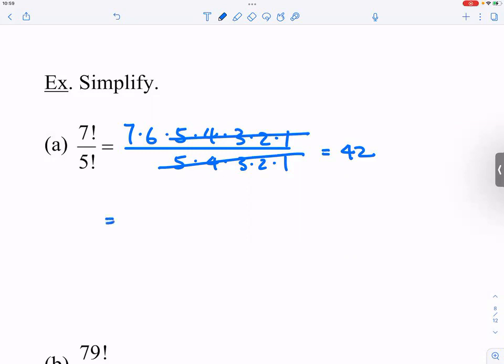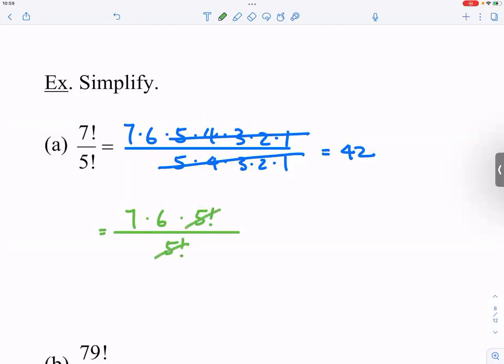Well, what is the smart way? Let me change the color to green so that you know it's smarter. This is the smart way. 7 times 6 times, instead of writing all the 5 times 4 times 3 times 2 times 1, just write down 5 factorial. And at the bottom, just keep it as 5 factorial.